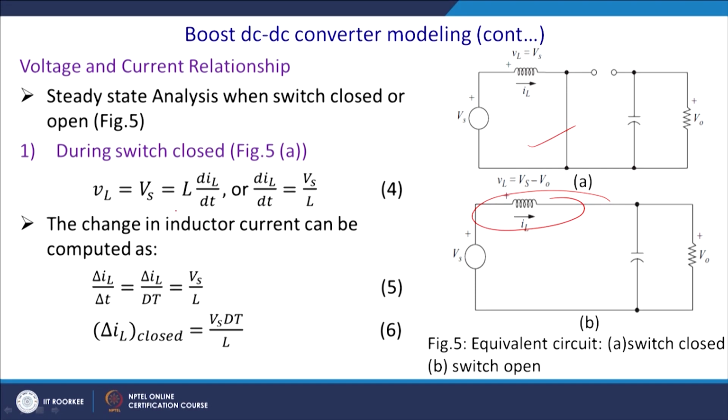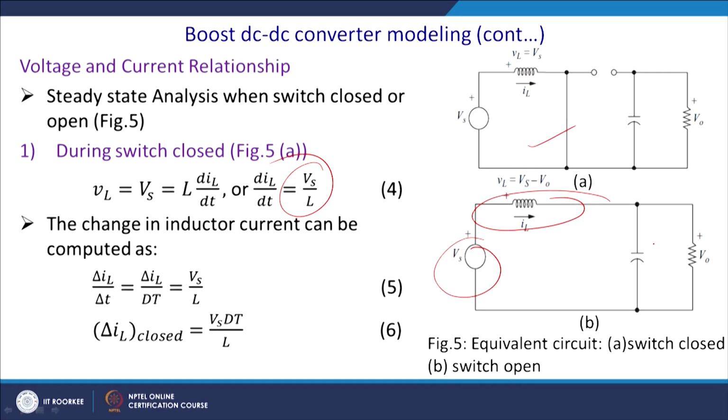So, VL equal to Vs, L di/dt equal to Vs by L. Similarly, when the switch becomes open, the voltage of the source and the voltage across this inductor, assumed to be VL, both will sum up and will charge the battery or the capacitor.